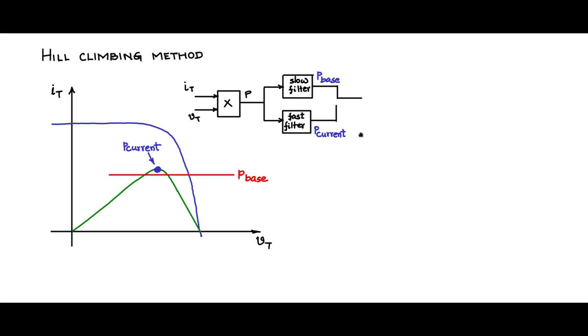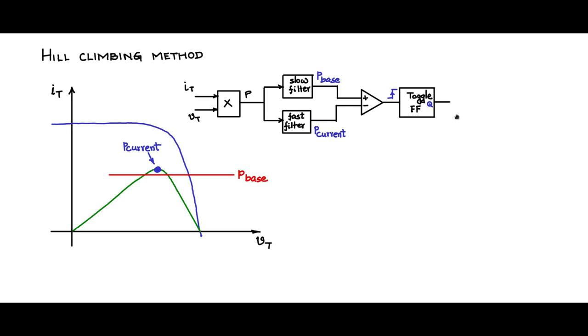Now these two I will pass through a comparator. I'll give the plus and minus as shown here, P base to the plus, P current to the minus, and then the output of the comparator, let me give it to the toggle flip-flop. This is a toggle flip-flop, and let's say I'm going to use an edge triggered toggle flip-flop.